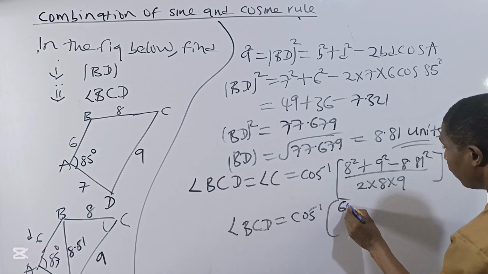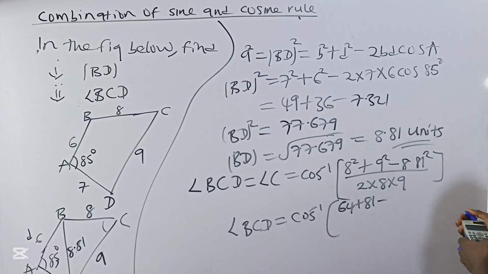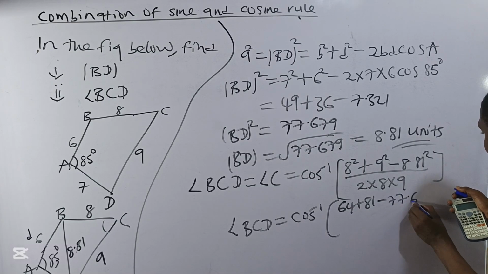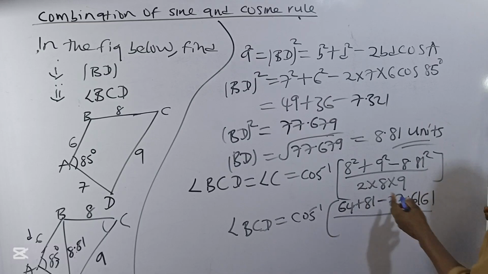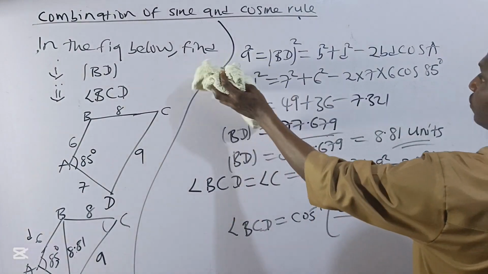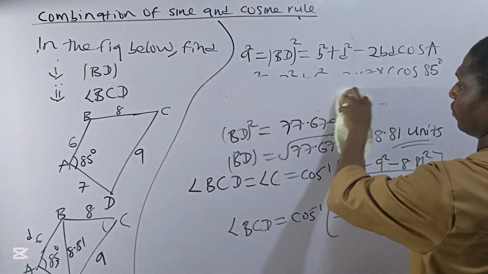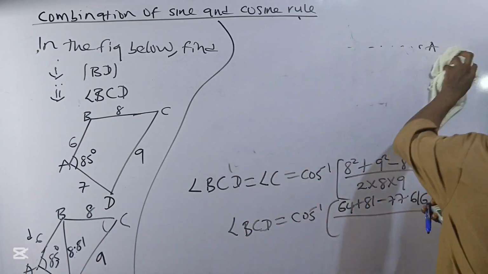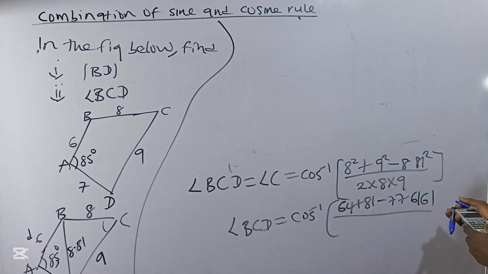A square is 64 plus 81 minus 8.81 square, giving me 77.6161, all over... So I have this value as 64 plus 81 minus the value I got.